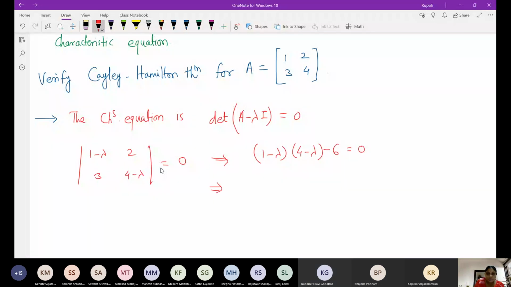So this implies lambda square minus 5 lambda minus 2 is equal to 0, right? This is the characteristic equation.